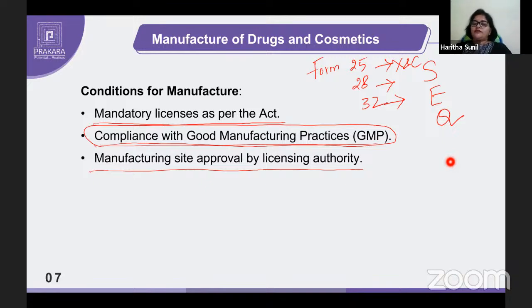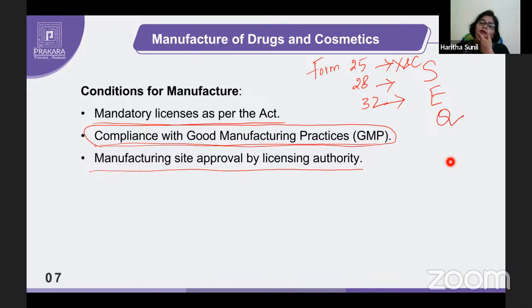So the manufacturing facility has to be inspected and approved by the licensing authority before a license is granted. And then they have to show the adequate space that is required for the manufacturing of those products. And even after initial approval, the facilities have to be subjected to periodic inspections in order to ensure that they are continuously maintaining those standards.